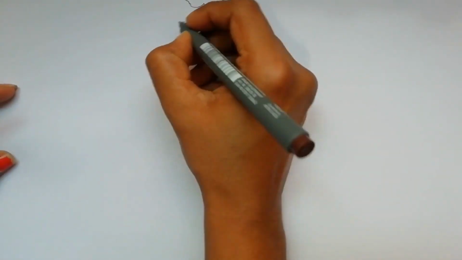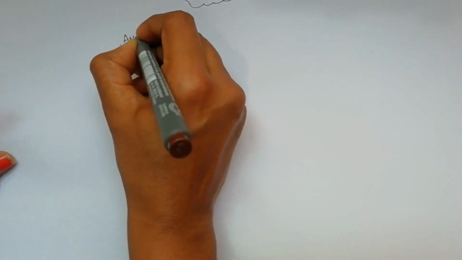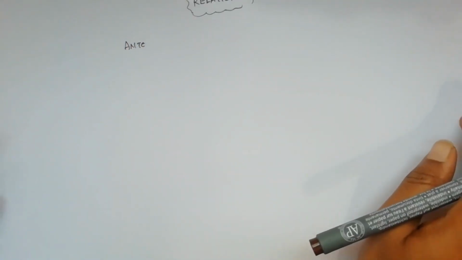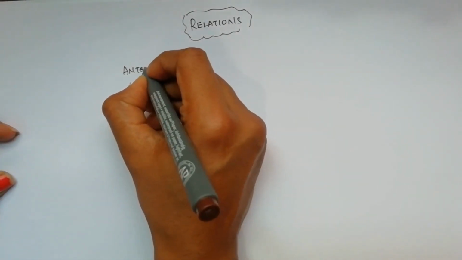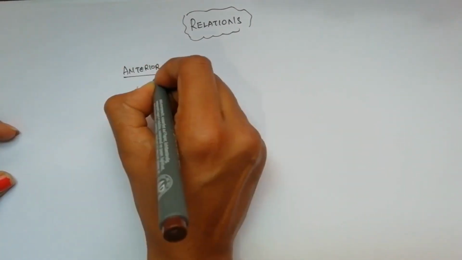So first we will see the front relation. In relation, we are going to deal with the anterior relation first.